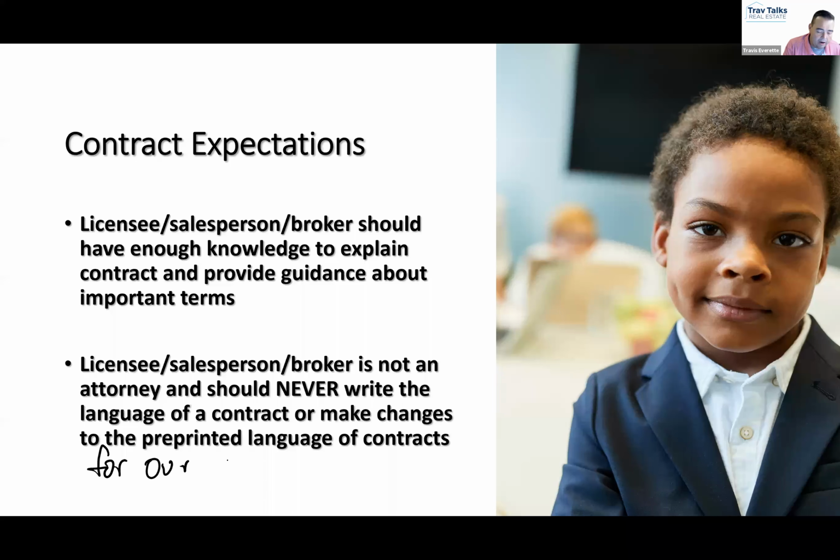For our clients or customers. Because there's actually a potential gotcha question on the test that you need to be aware of. There is a time when licensees can make changes on contracts. How about if the licensee is the buyer?